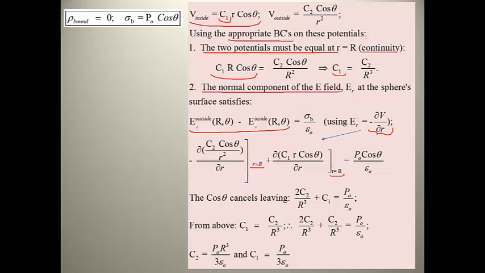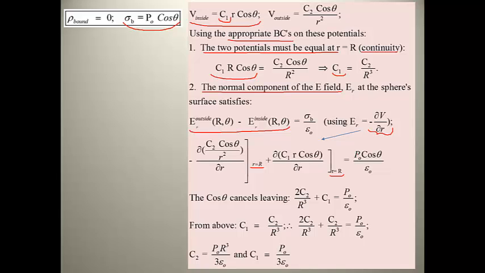Evaluated at r equal R, we'll take that difference and set it equal to the bound surface charge density divided by epsilon naught. And just to remind you, the bound charge density is capital P0 times cosine theta.